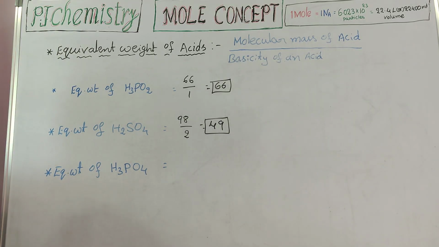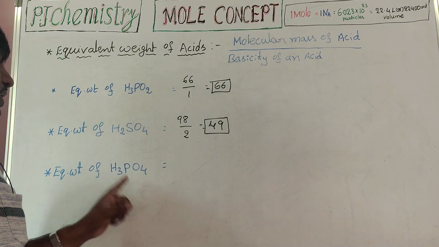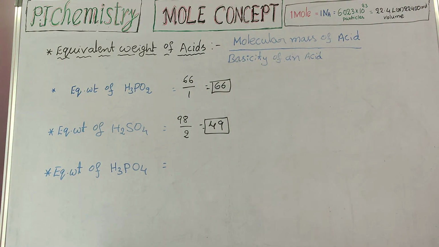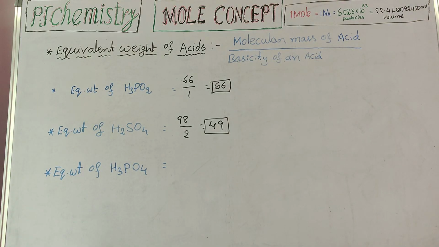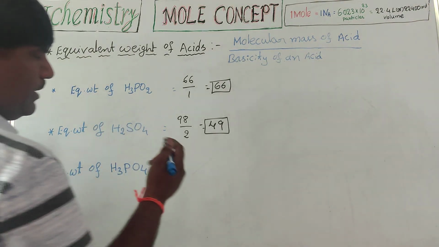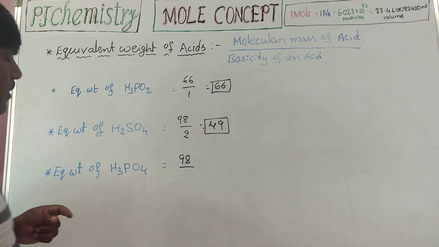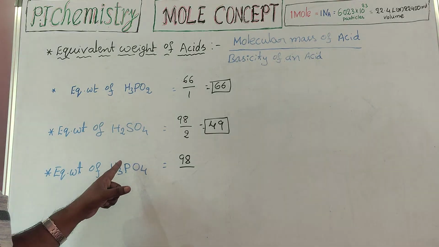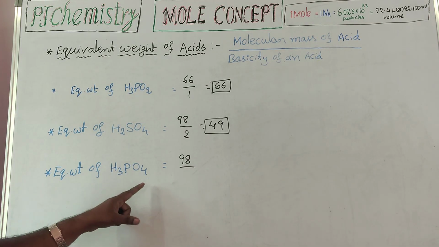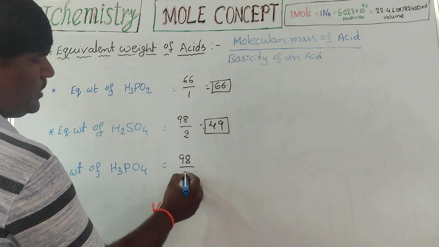Find the molecular weight first. 4 oxygens means 64 plus 31, 95, plus 3 hydrogens, each hydrogen 1, so 98. 98 divided by the basicity: among 4 oxygens, 1 oxygen in its structure has a double bond, the remaining 3 oxygens with 3 hydrogens, so its basicity is 3.